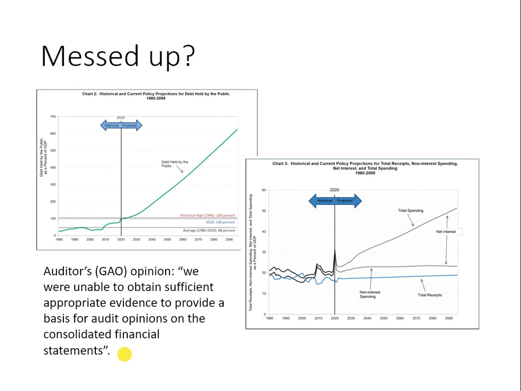The auditors just cannot form an opinion because the financial statements are messed up. Okay? So this is a really, really bad one. We're going to talk about why it happens. And by the way, this is for the federal government's financial statement. For most of the agencies, the financial statements are fine, basically.